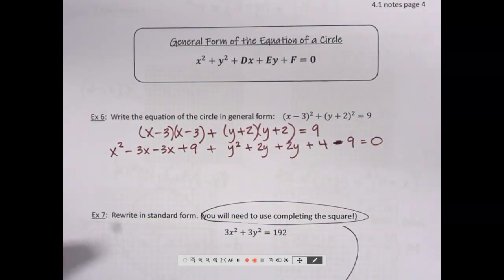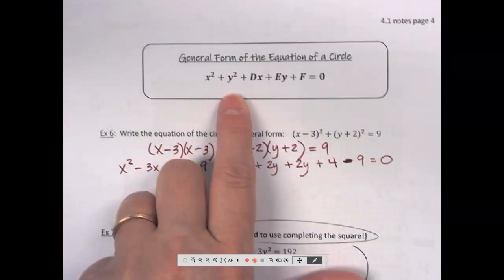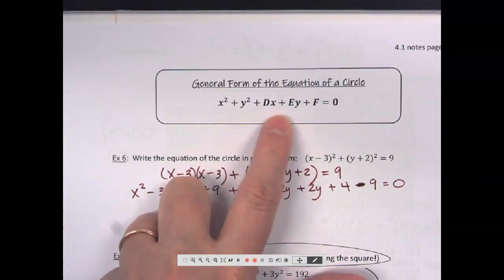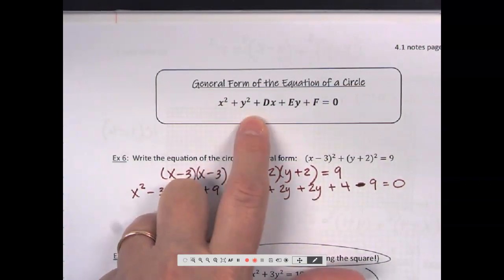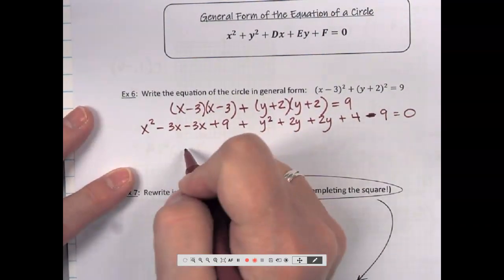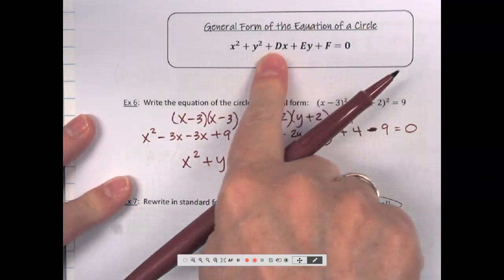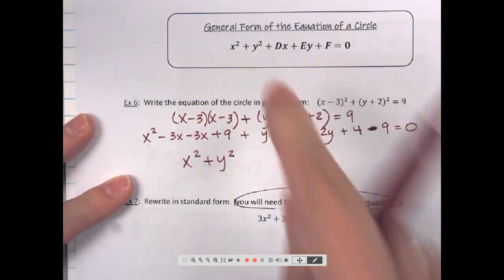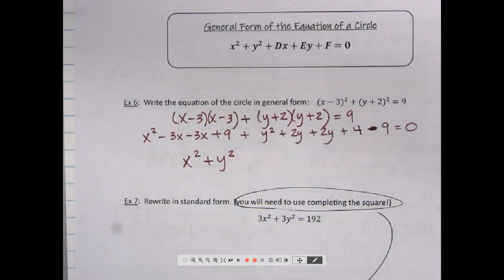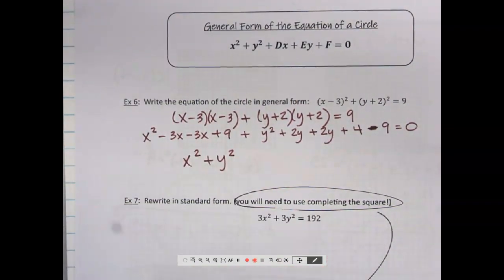Okay, now let's add up like terms. And I'm going to add them up in the order that this equation is set up in. So I want to put my x squared first, then my y squared. Okay, so I have an x squared. I have a y squared. Okay, next I'm going to add up my x's, negative 6x.